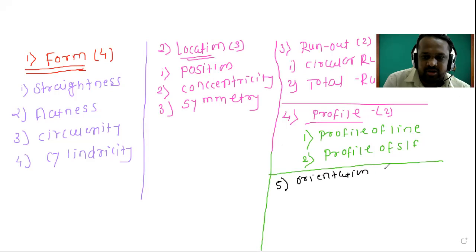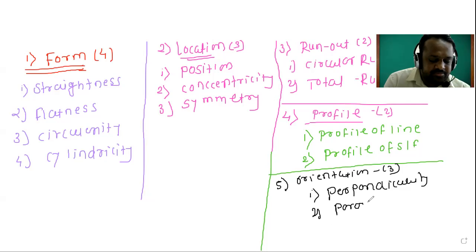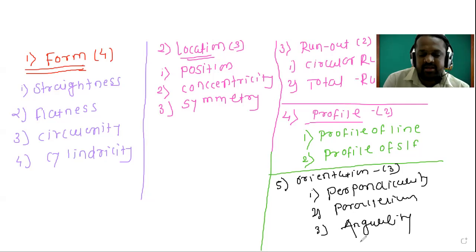First is the perpendicularity, then second is the parallelism, and third is the angularity. These are the 14 characteristics of the geometrical tolerances.